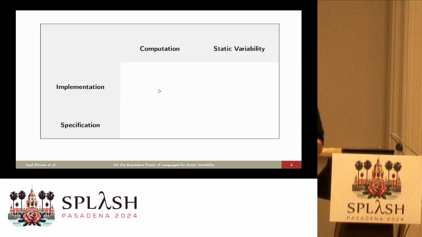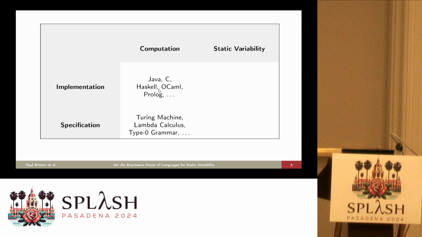So to give you an idea of where we want to go with this work, all of you should probably be familiar with the idea of computation, and we're typically using programming languages to implement computation. Name your favorite programming language, Java, Haskell, you name it. And the semantics, or the specification of our programs, can be given in terms of Turing machines, the lambda calculus.